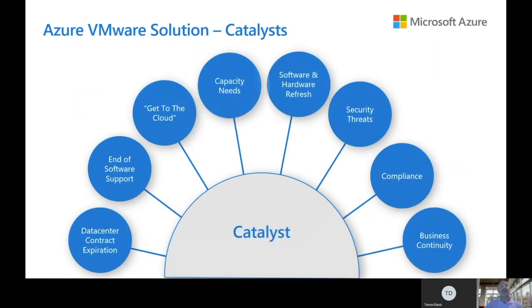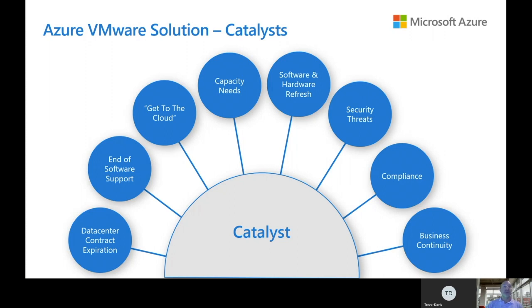So what are we seeing from customers? And obviously everybody's unique, but these are some of the things that we're seeing, which is driving and acting as a catalyst to people getting into AVS. There are customers, especially in this situation that we're going through today, that their data center contracts are expiring and they're thinking, do I really want to continue to have to put my people in a position where they need to go to a physical location to tend to infrastructure?